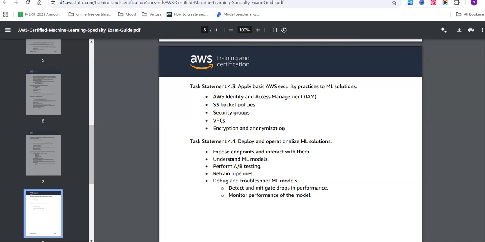So as per the previous questions that we have seen, encryption related to S3, the questions will be coming in this area, like S3 encryption. So we need to understand these concepts as well.